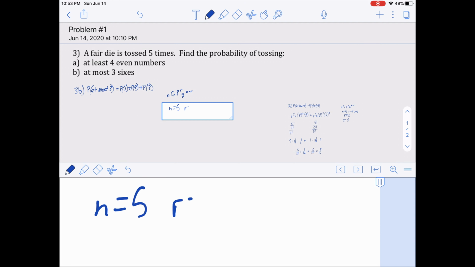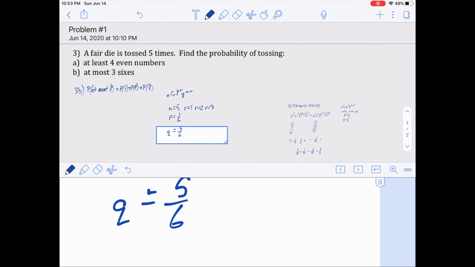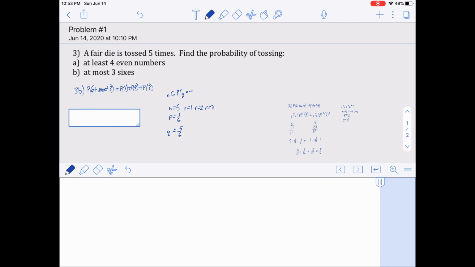So now n is going to equal 5, r is going to equal 1 in the first equation, 2 in the second, and 3 in the third. p will equal 1/6, and q, since it is the difference, 1 minus p, will give us 5/6.